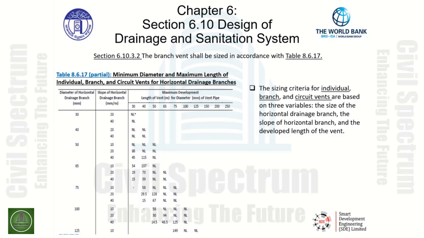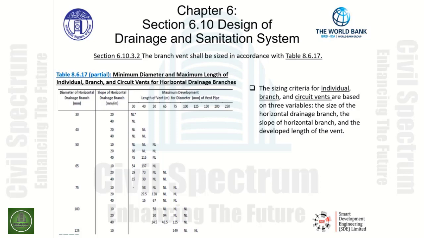vents. They're based on three variables: the size of the horizontal drainage branch, the slope of the horizontal branch, and the developed length of the vent. The first column of this table indicates the diameter of the horizontal drainage branch in millimeters. The second column gives us the slope of the horizontal drainage in millimeters per meter.